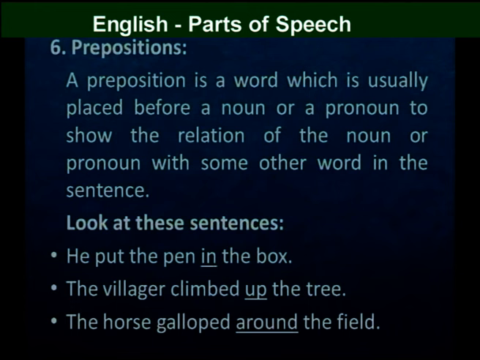See the sentences. He put the pen in the box. In is a preposition. In the box. So, what is in the box? The pen. In is put before the noun box, and it establishes its relationship with some other word in the sentence.